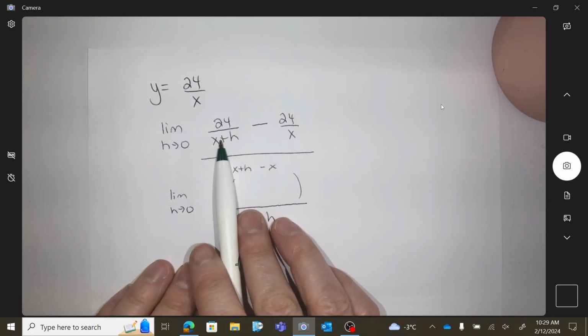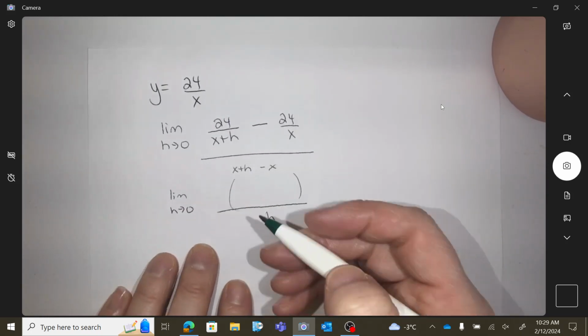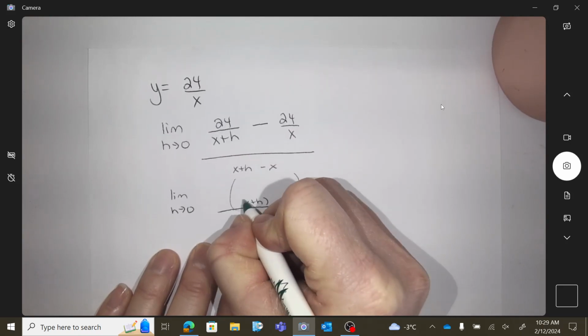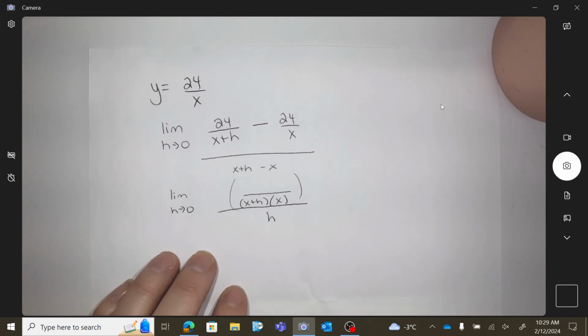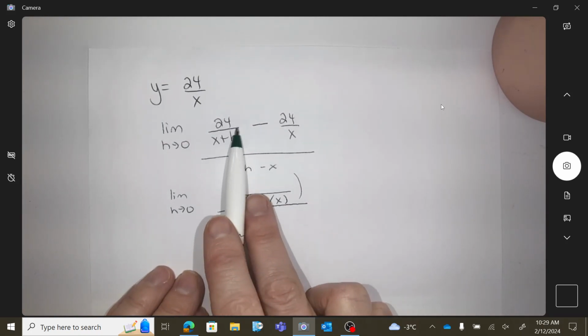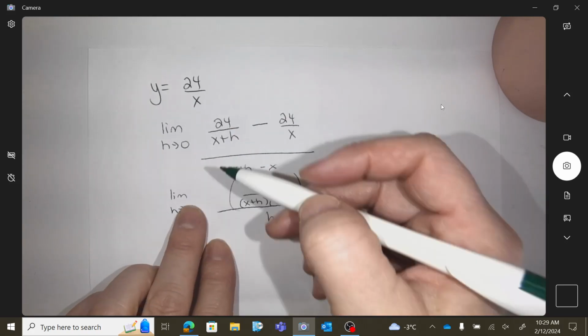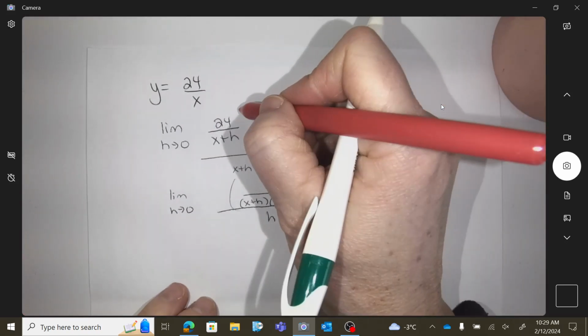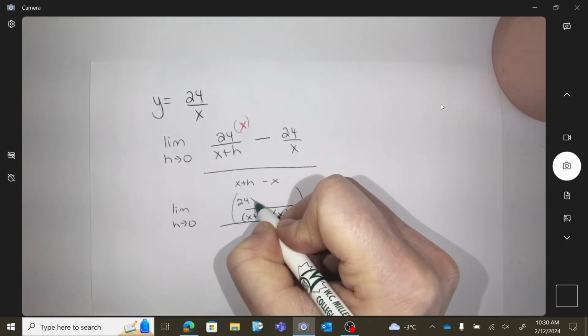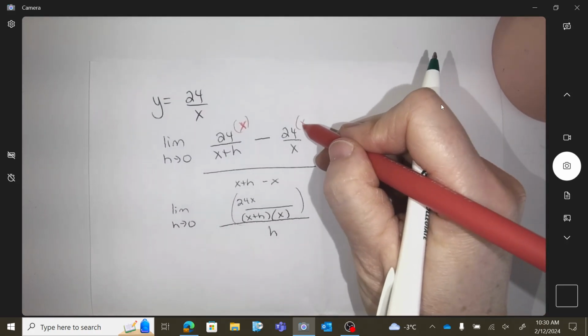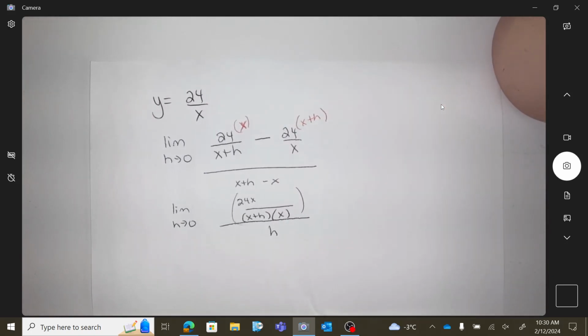Okay, so I'm going to use x plus h and x. So this one's going to have to get timesed by x. This one's going to have to get timesed by x plus h.